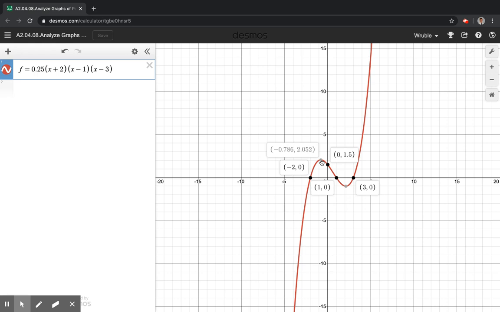Same thing with our max here, which says it's at about -0.786. We didn't calculate the max. We calculated at -1, which just gave us an illustration of what the graph might look like. And then we also found our zeros at -2, 1, and 3, and then our y-intercept as well.